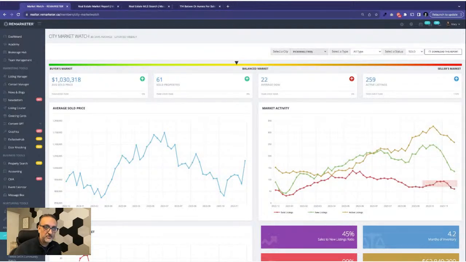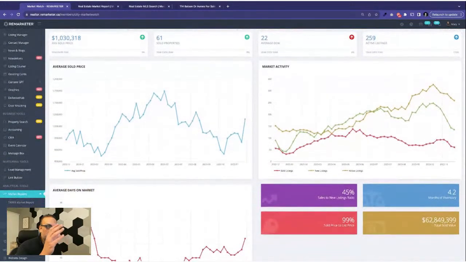Demand is also declining. However, it's not declining as fast. It's kind of stabilizing right here. So we did see the price increase, but probably not much more going into the new year. So you can kind of see how these numbers really tell you the whole story.